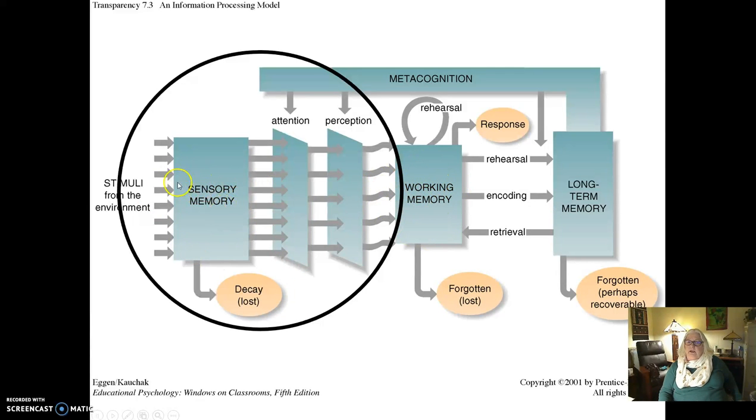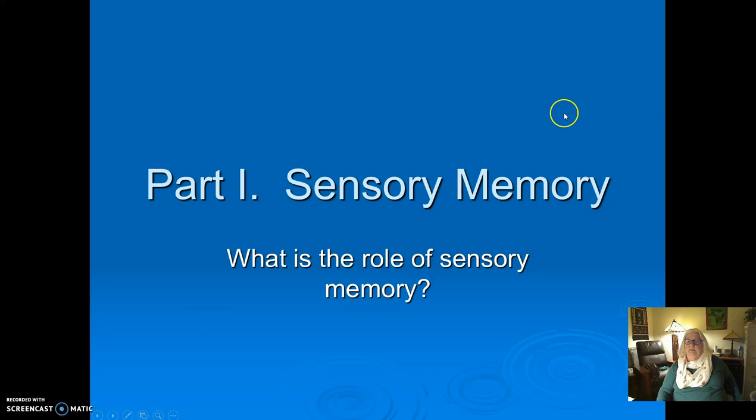You are not thinking about it over here in sensory memory. This is just a brief store, long enough for you to decide whether or not it's important to go on to a different part of your memory system.